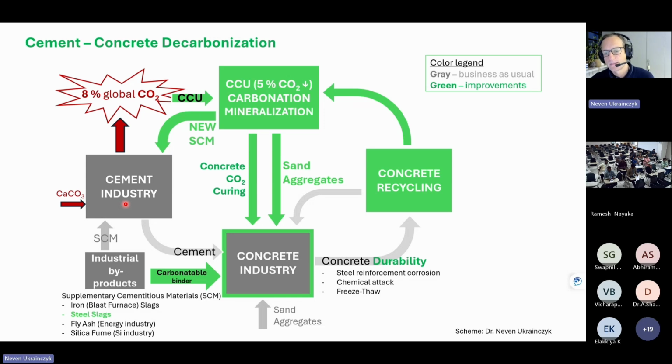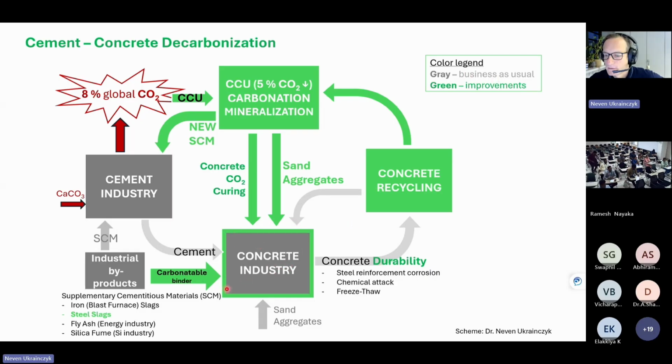It reduces the cement clinker, of course, but we need to go beyond that. So, for example, calcined clays, yes, sure, nice, but we need new technologies. And for this, I mentioned to you, for example, these carbonatable binders. So we have the concrete industry. This is the gray zone, which is business as usual.